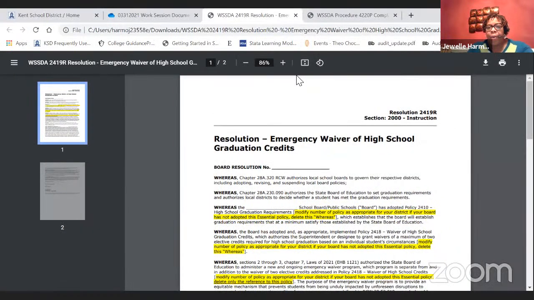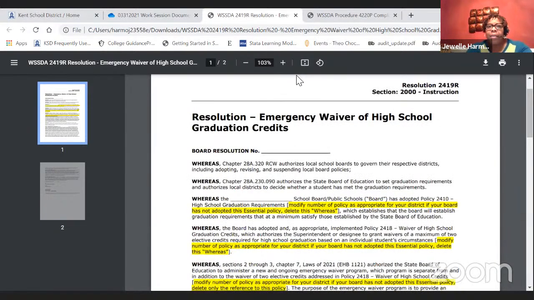So as you know, House Bill 1112 has moved rather quickly through the House and the Senate at the state to address emergency waiver of high school graduation credits, because as we moved into this second school year of COVID reality, they realized that it would have longer lasting impacts on our high school students, well, I'd say secondary students across the board.